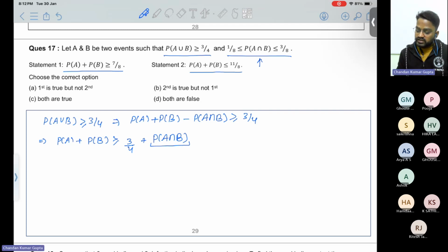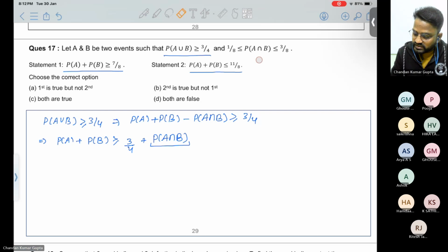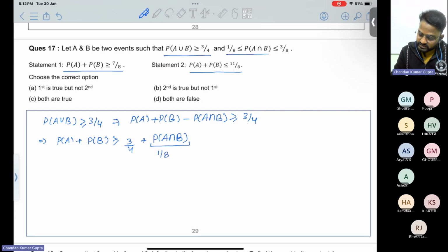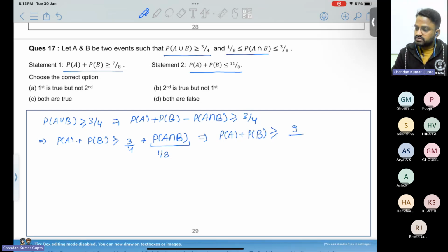Okay. So what if we take the value 1 by 8, greater than or equal to 1 by 8? Here we see that it is greater than or equal to 1 by 8. So when we put 1 by 8, this implies probability of A plus probability of B is greater than or equal to 3 by 4 plus 1 by 8. That equals 9 by 8?